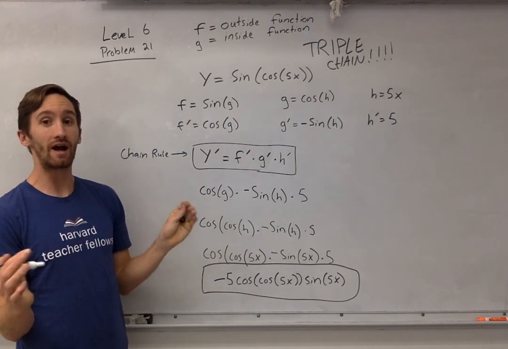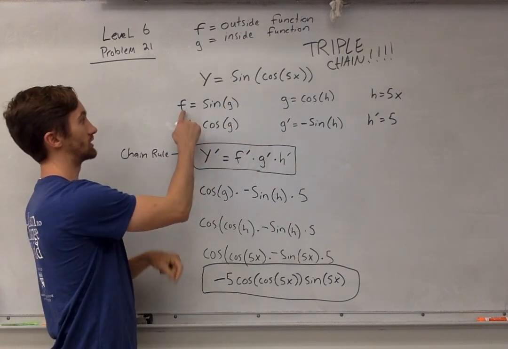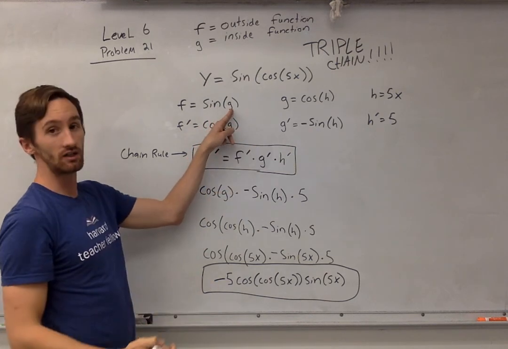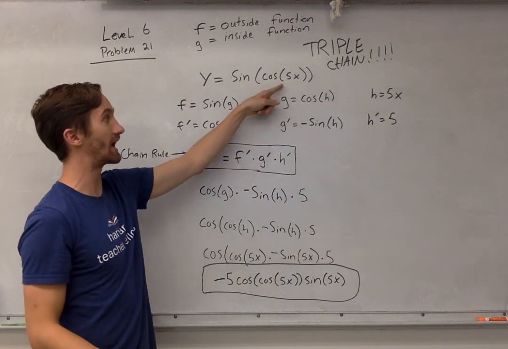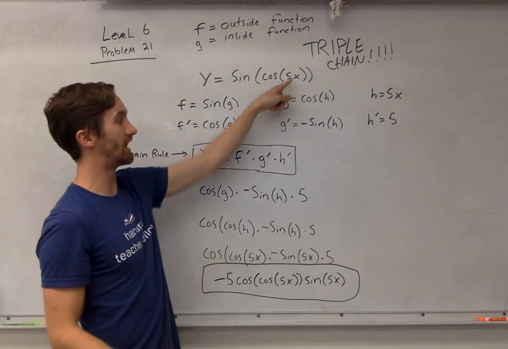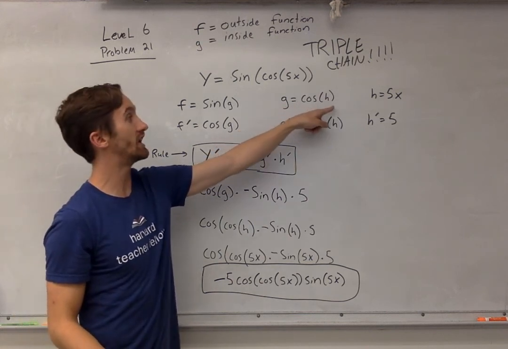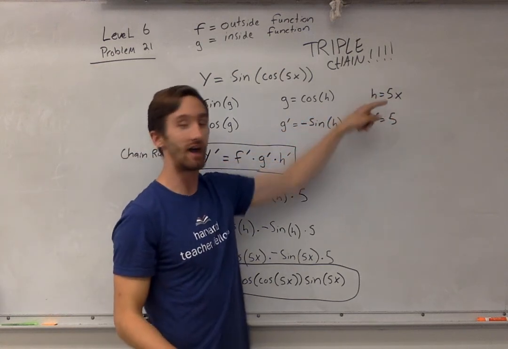We start with our outside function. Our outside function is sine. So I do F equals sine of G. And then G is everything that's inside of those sine brackets, which is cosine 5x. So I put G equals cosine of H, right? Because H is now 5x.